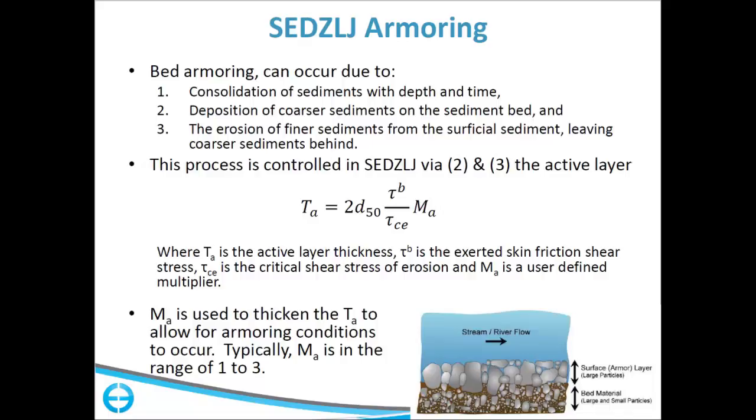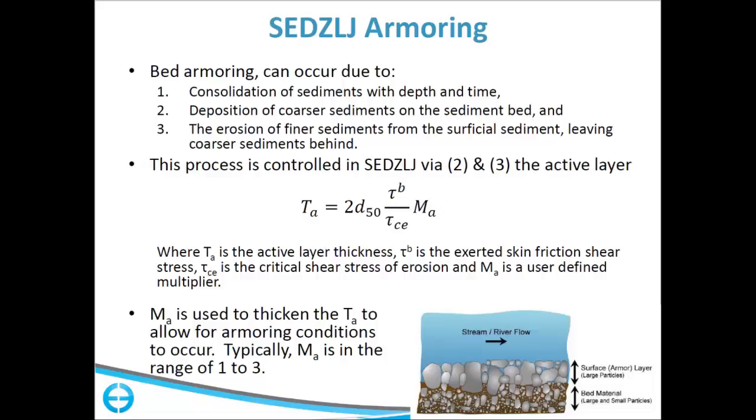Bed armoring can occur due to one of these three different processes. You have consolidation. So your bulk density changes, and your grains are packed more densely. If you have cohesives, your charged particles start sticking together harder and harder.